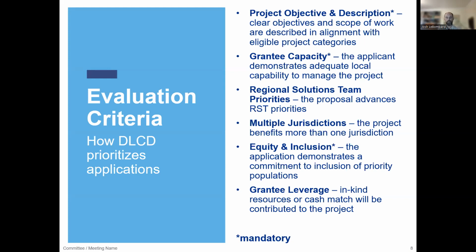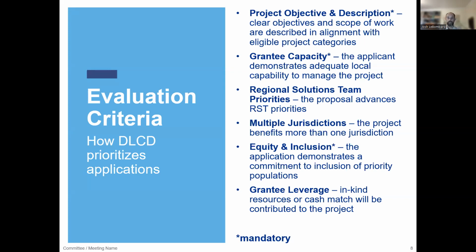Secondly, we do want the jurisdictions or applicants to demonstrate that they have adequate local capacity to manage the projects. I don't want this to get confused in some way that we're putting priority on larger jurisdictions here.